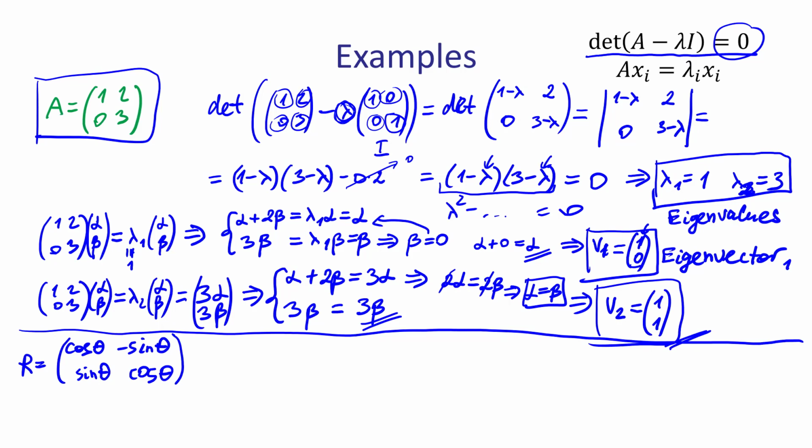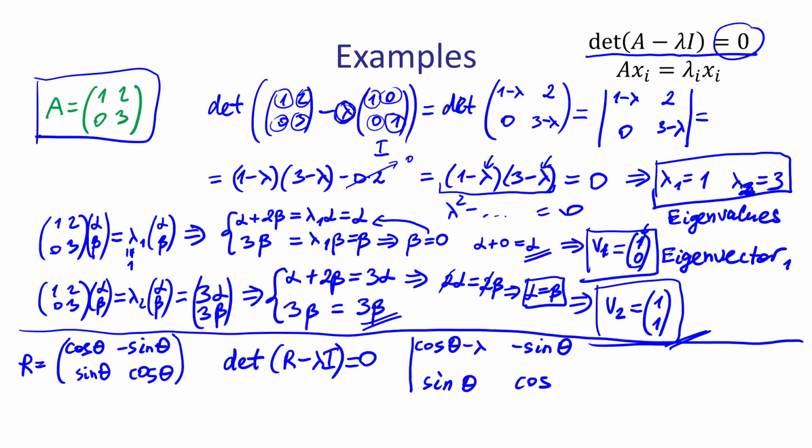And we will try to find that the determinant of R minus lambda I equals 0. As before, we get cosine theta minus lambda, and here it's minus sine theta, and here we have sine theta, cosine theta minus lambda, and this is what we want to compute.